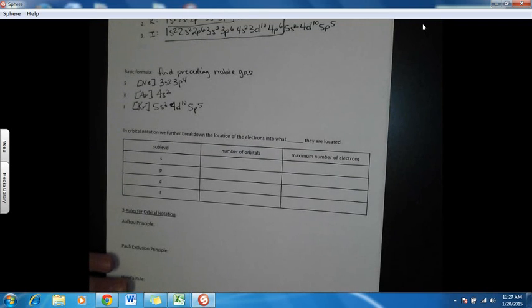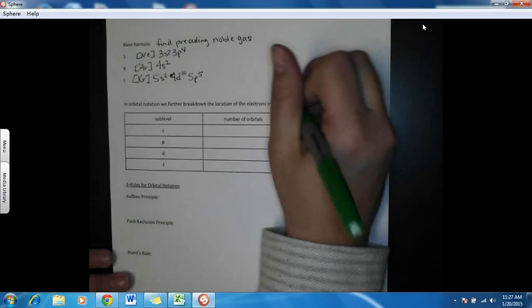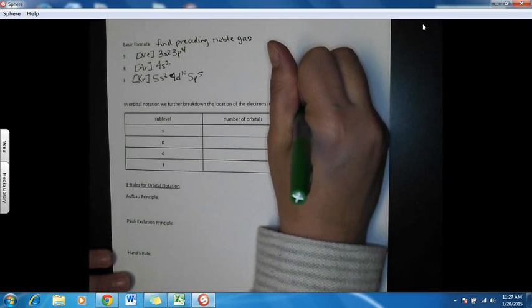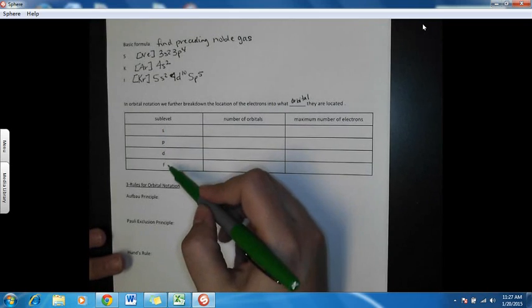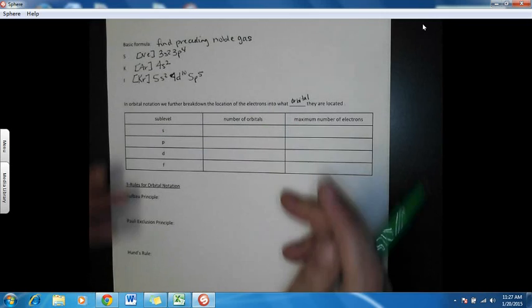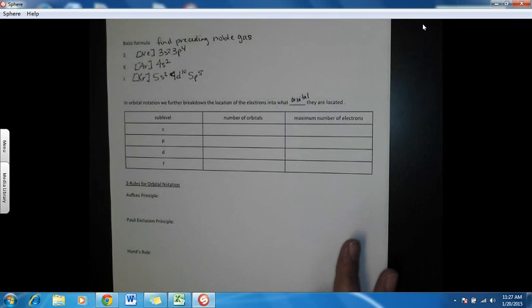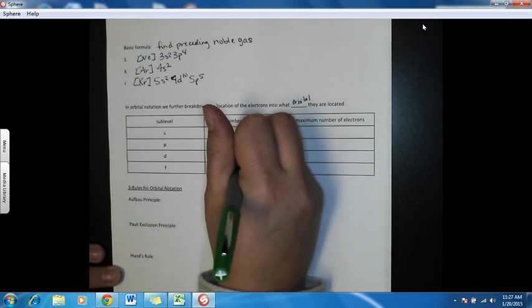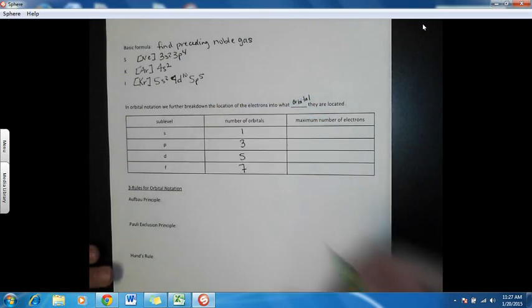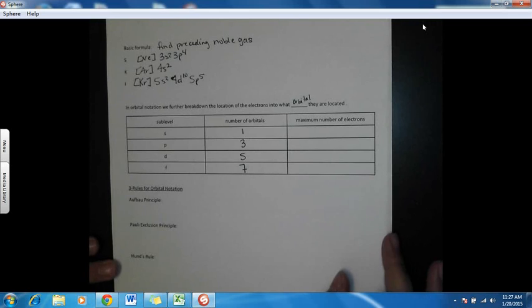Alright. Next, in orbital notation, we further break down the location of our electrons into what orbital they're located in. Each of the sublevels, S, P, D, and F, have a certain number of orbitals. The S sublevel has 1 orbital, the P has 3, the D has 5, and F has 7. It's easy to remember those, 1, 3, 5, 7, because they're the odd numbers in order of increasing energy.